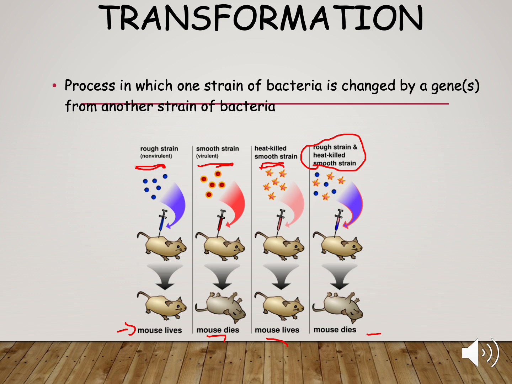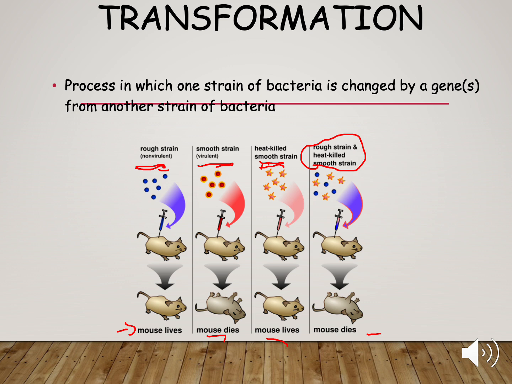And this is what led to the discovery of transformation, since there was a mixture of two different strains of bacteria, both individually allowing the mouse to live, but when they were mixed together, the mouse died.